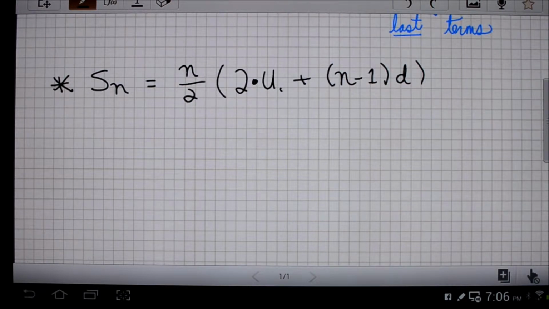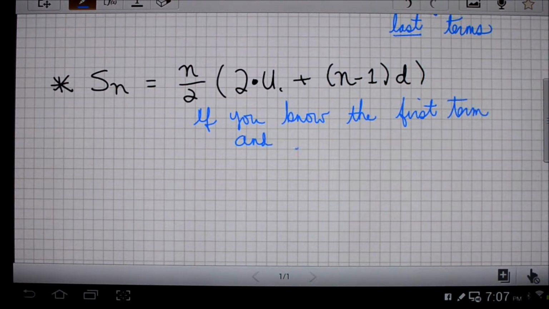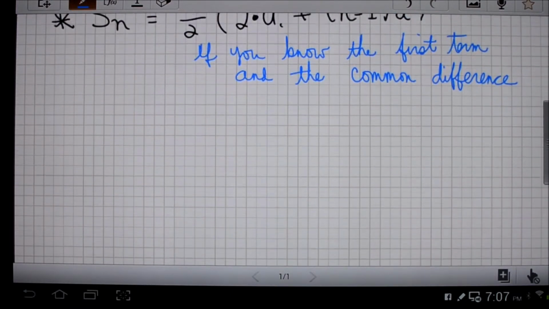The second formula can be used if you know the first term and the common difference. There you go.